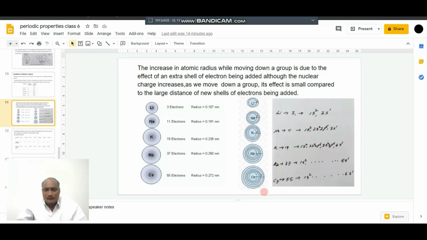Hence, the size of the atoms increases. As the size of the atom increases, definitely there is an increase in the atomic radius of an atom.